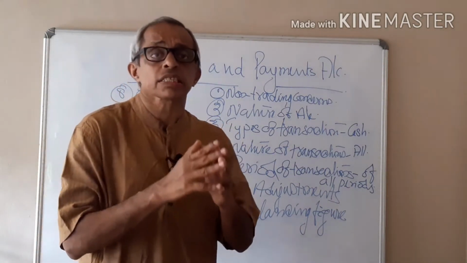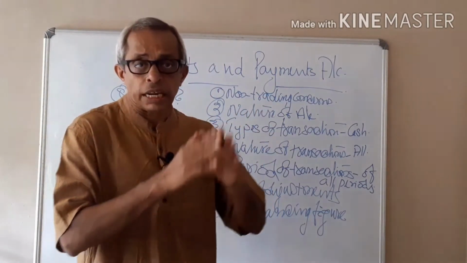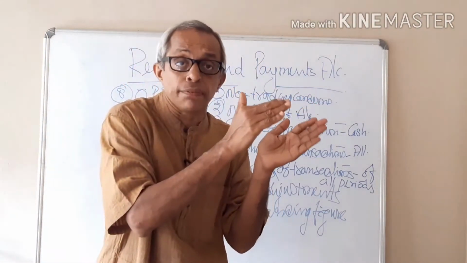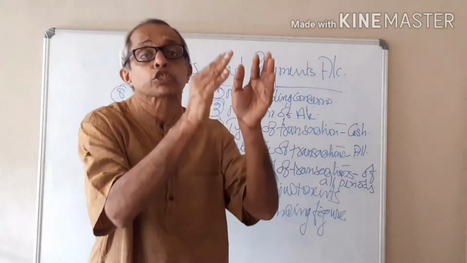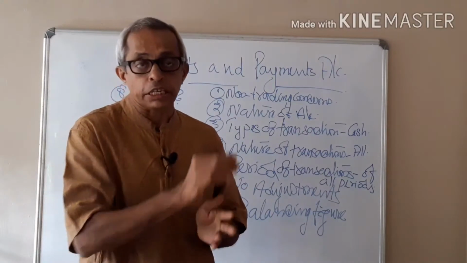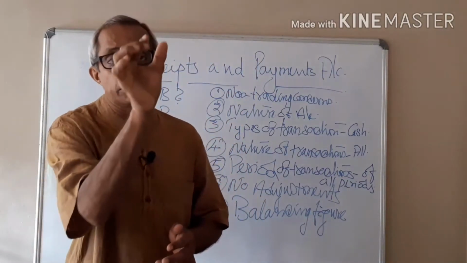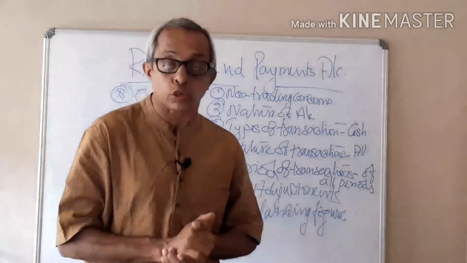If there is a cash balance in the previous year, then that previous year's closing balance will be shown as the opening balance of cash. That is, the balance brought down cash, that amount will be shown in the cash column.